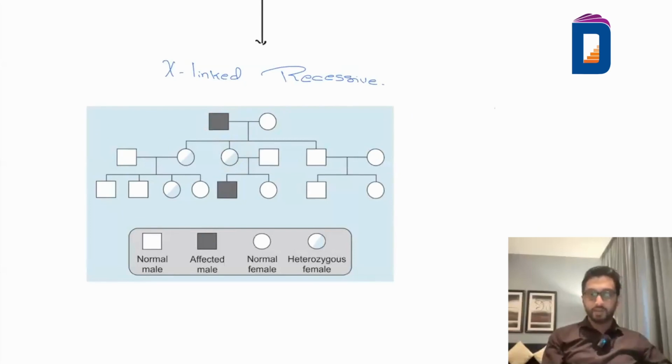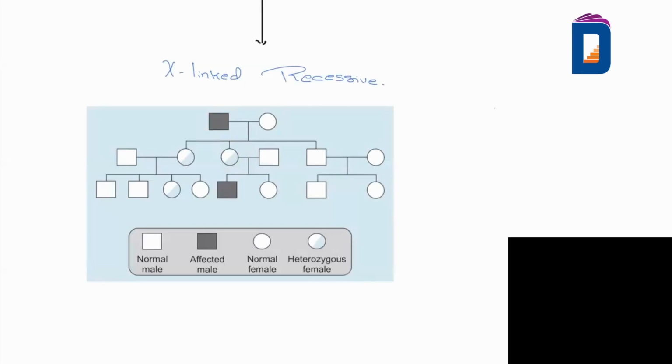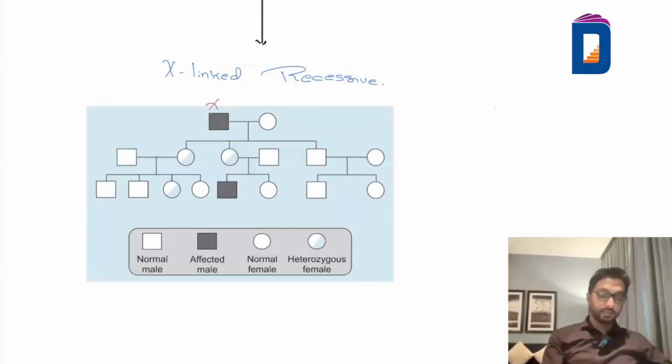It's a recessive. Here the father is XY and the mother is XX, very normal. Whereas here, this daughter is XX, where one X is abnormal and one X is normal.